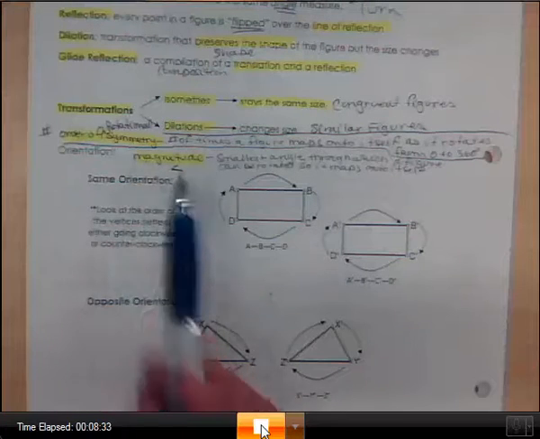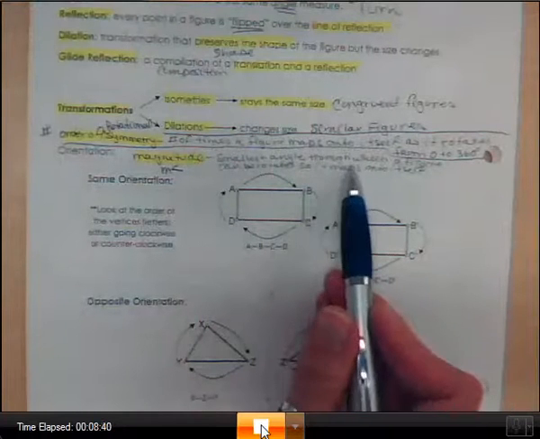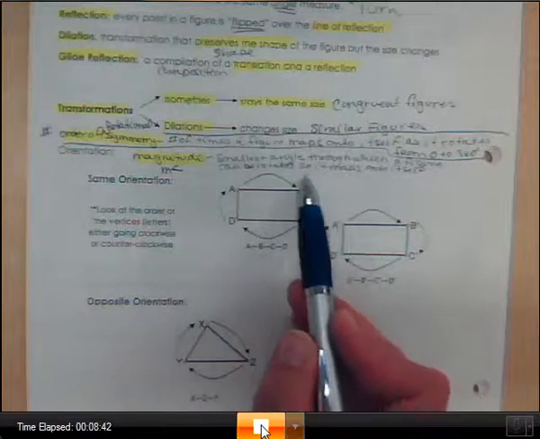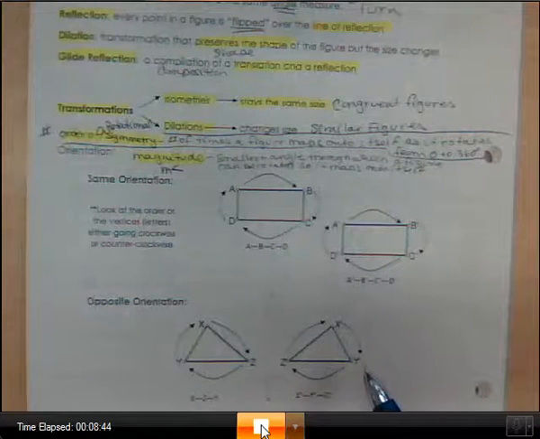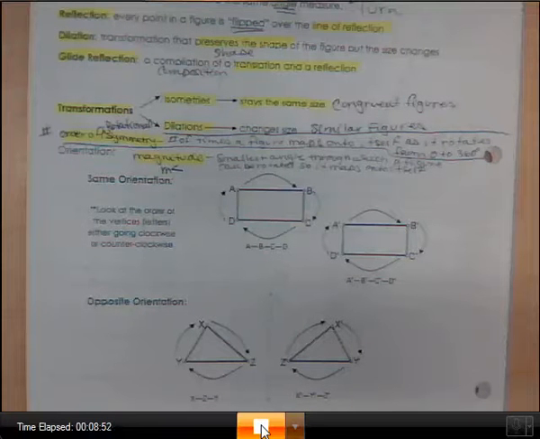Magnitude talks about an angle measure. It's the smallest angle through which a figure can be rotated so it maps onto itself.